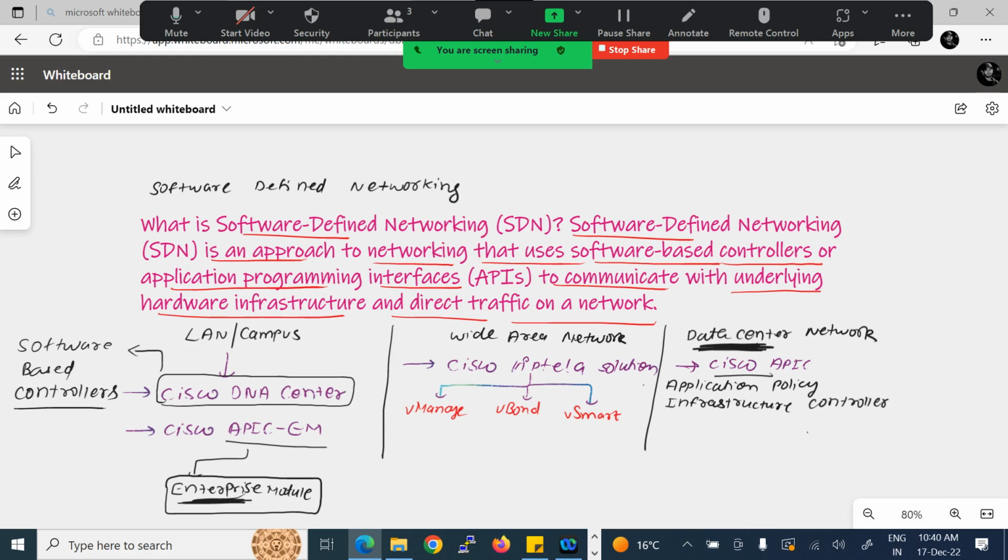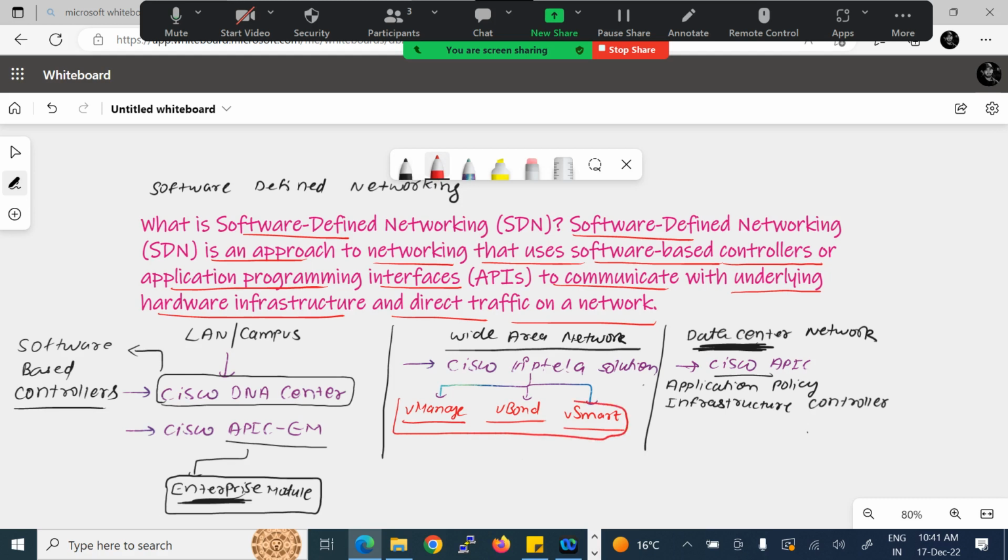Yeah, Viptela is a different solution. Cisco Viptela is for wide area network automation. In the Cisco Viptela solution, we mainly have three controllers: vManage, vBond, and vSmart. Collectively, they make up the whole Viptela solution, which automates the wide area network.